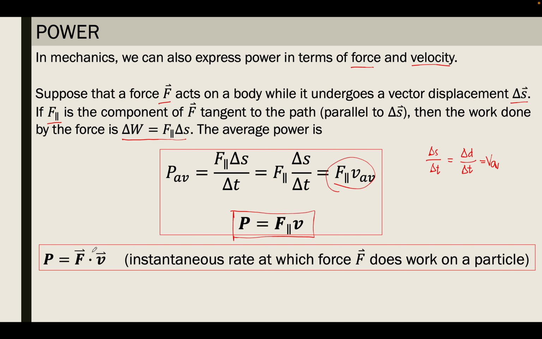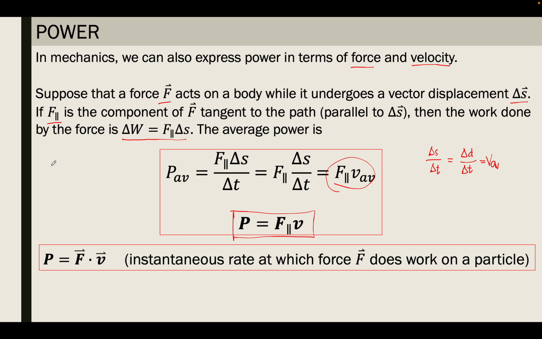Also, if we have our equation for power in terms of the dot product, P, the power, is equal to the dot product between the vector force F and the velocity V. This is for the instantaneous rate at which force does work on a particle.